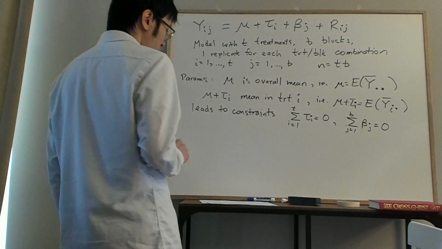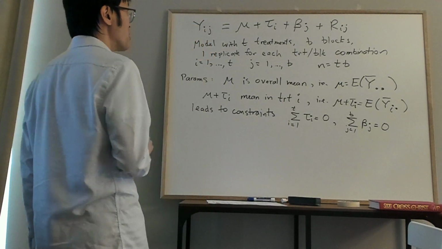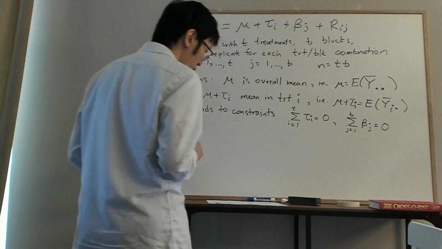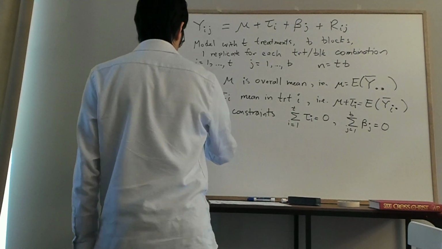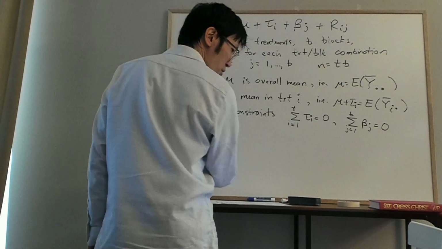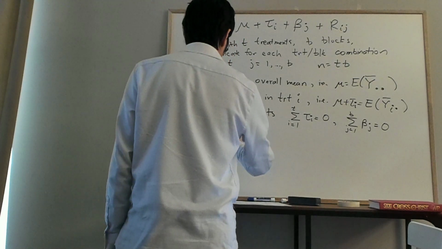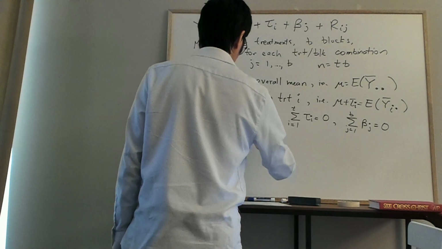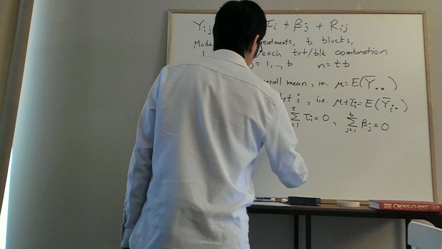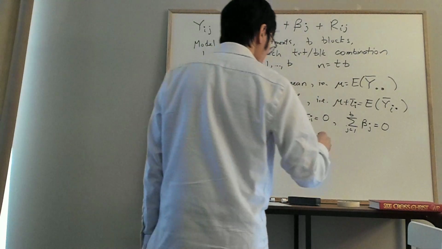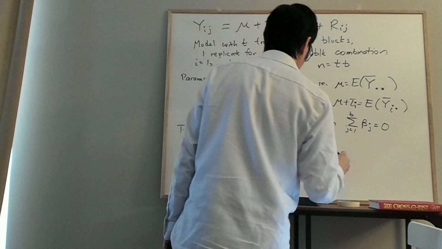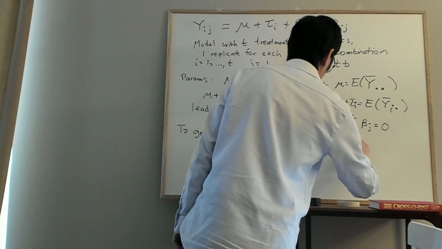So let's go ahead and do that. This is again a least squares optimization. To get parameter estimates, we use a constrained least squares optimization: least squares with constraints.